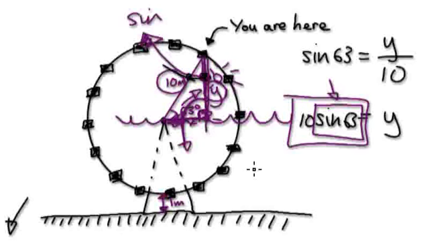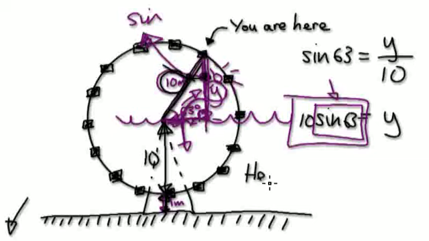Now for our total height, we've got to add this distance here, which is, well, if the radius is 10 here, then this distance here must also be 10, and then we've got another meter above the ground. So in total it will be 11 meters.